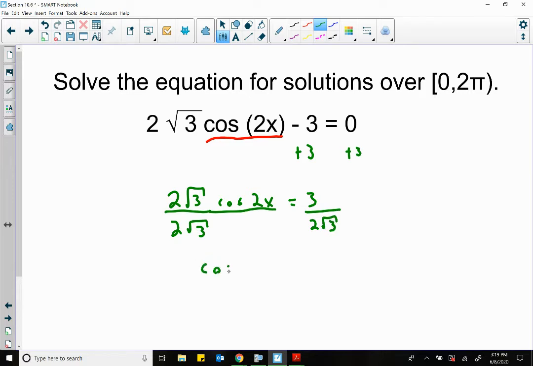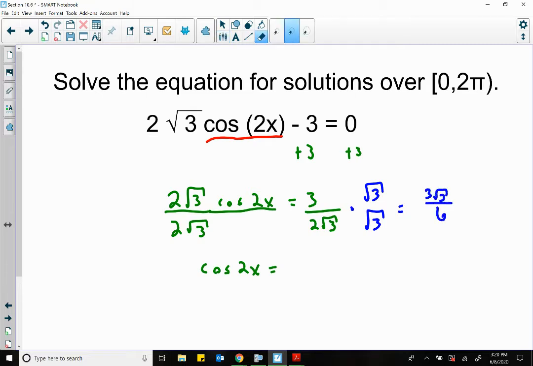So cosine double angle is equal to, now up here we don't like that, so we got to rationalize. So multiply the top and the bottom by the square root of 3, because that's the radical you want to get rid of. And in the end, you'll end up with 3 square roots of 3 over 6.